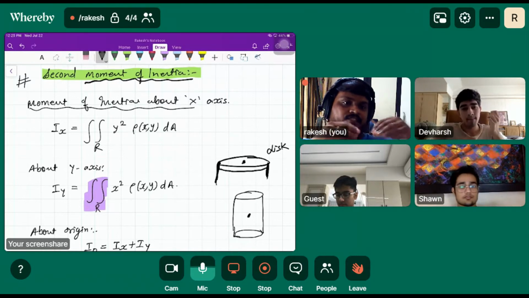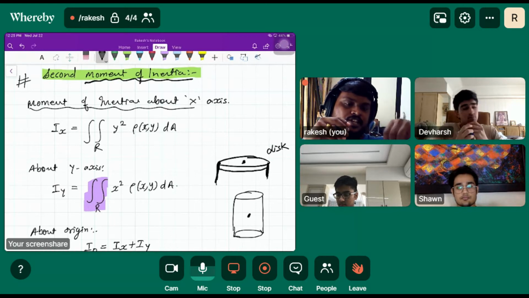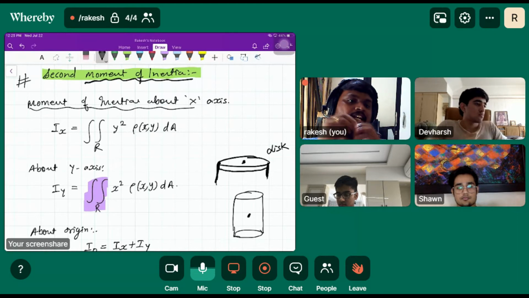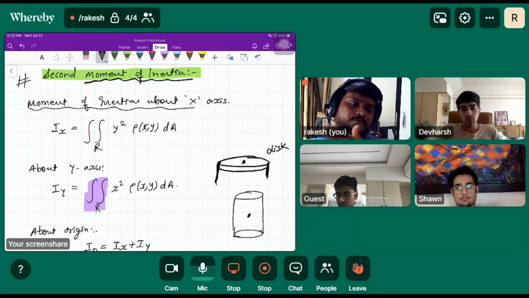Because of this variation, this unequal distribution, the center of mass could be anywhere, it can be shifted anywhere. It can be the central point, or it can be anywhere around the central point also.